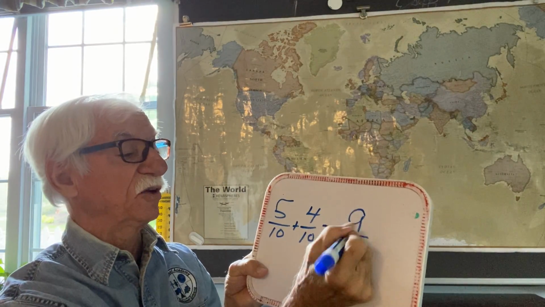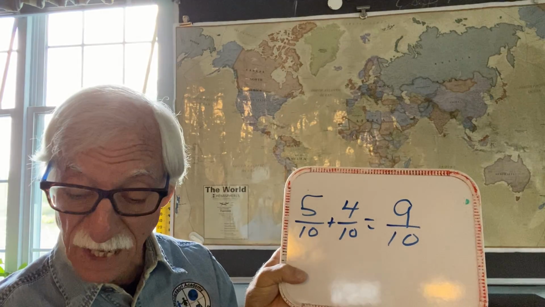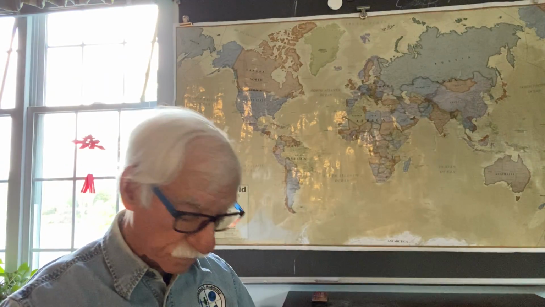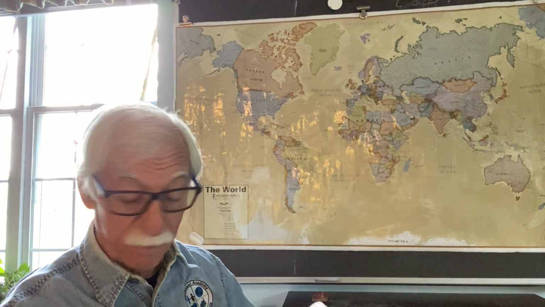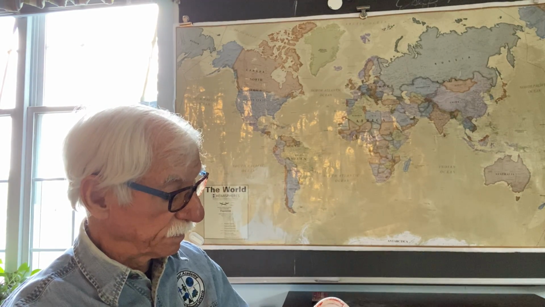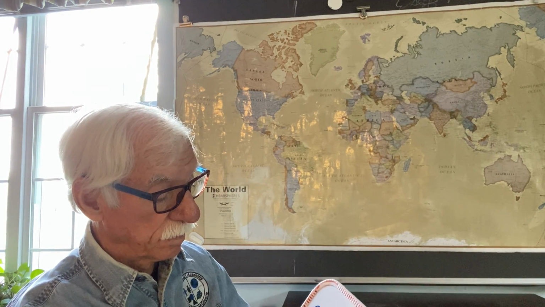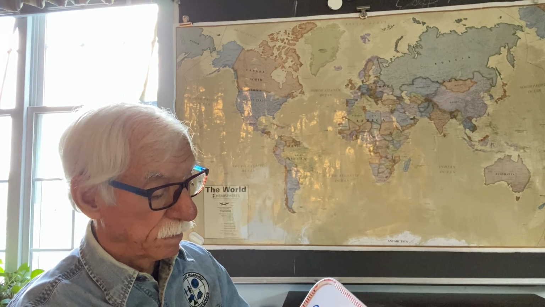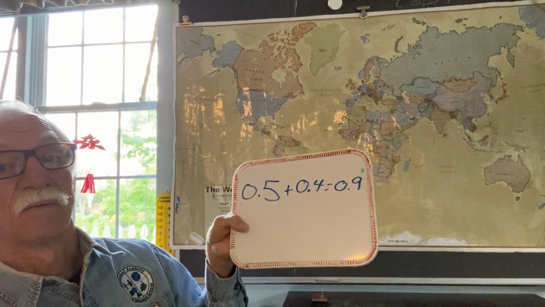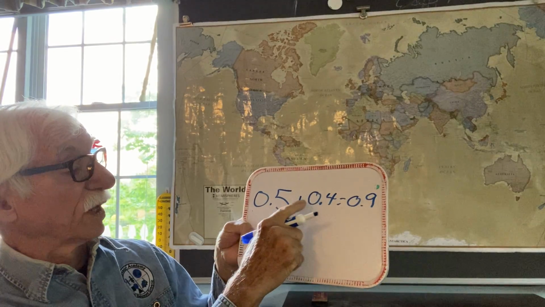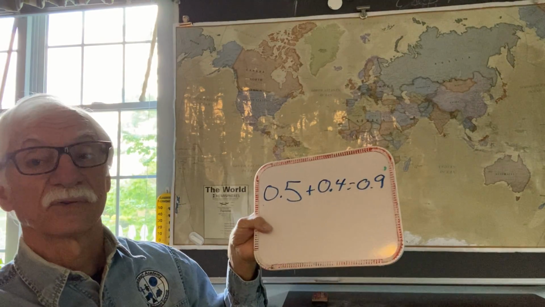So the answer here is 9 tenths. Is that exactly the same thing as this? Five tenths plus 4 tenths equals 9 tenths.